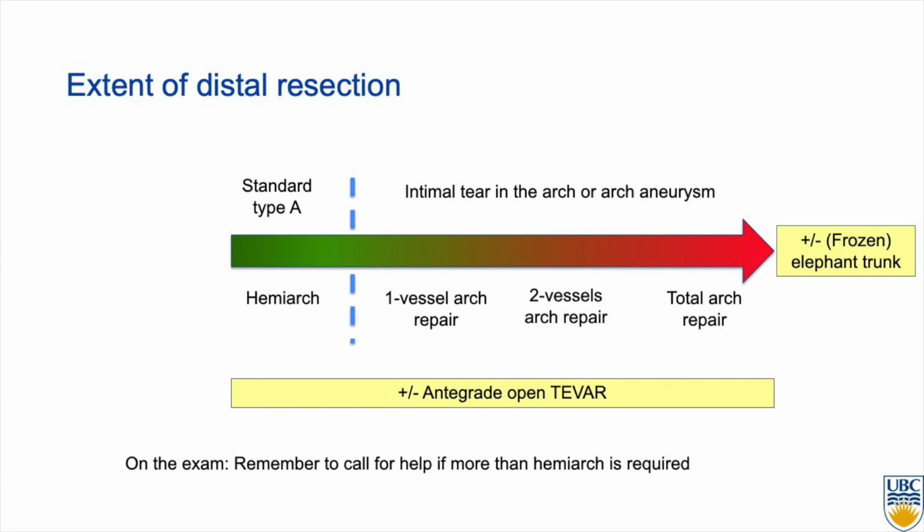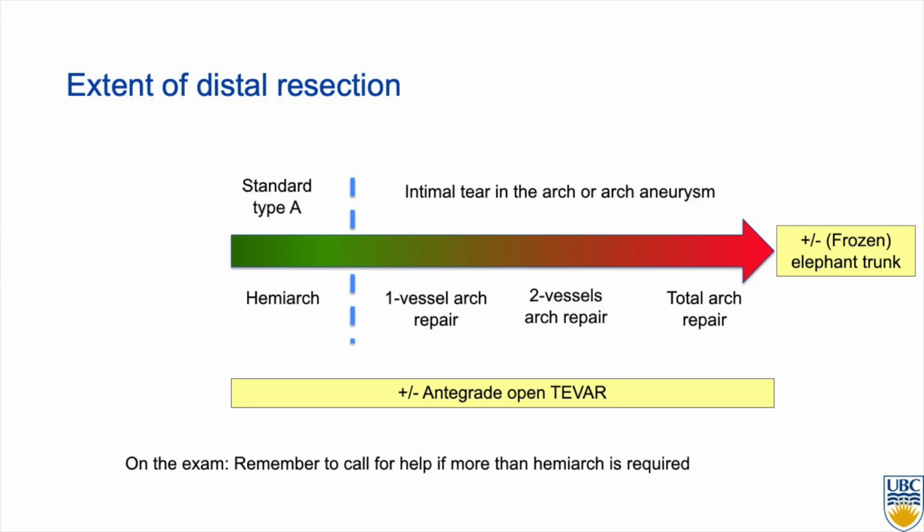When doing the distal resection in the setting of a type A dissection, it is very important to resect the site of the primary intimal tear. Therefore, this should be the main motivator to perform a more extended aortic arch resection and reconstruction.